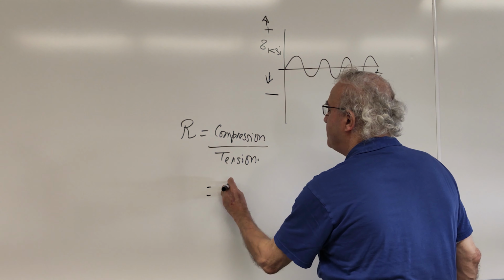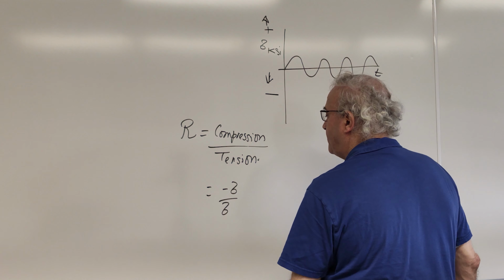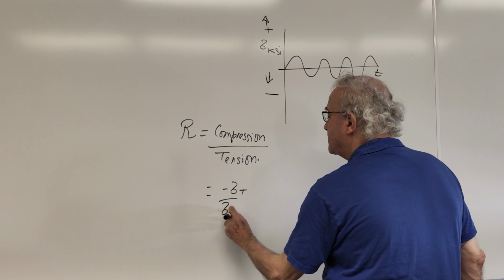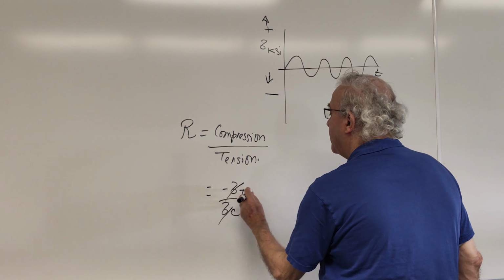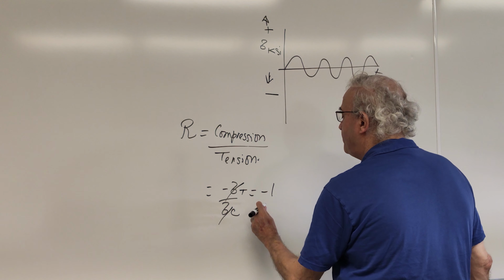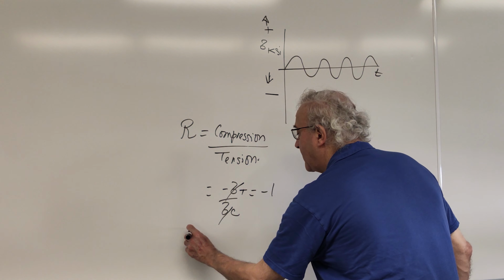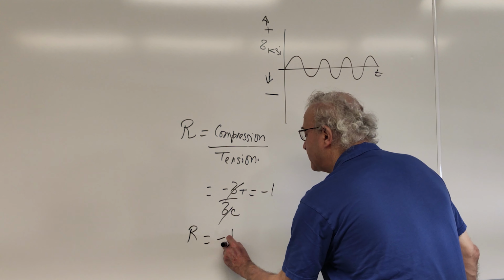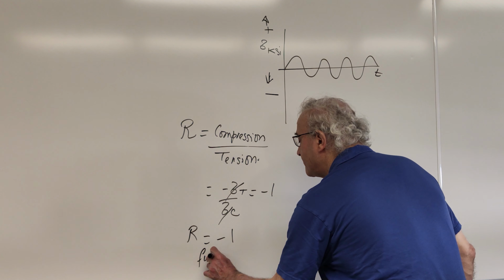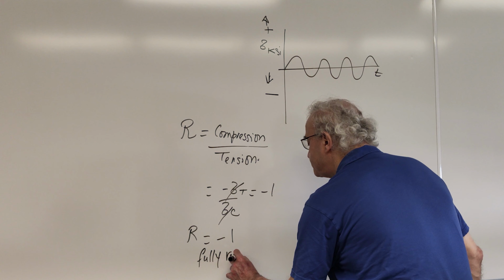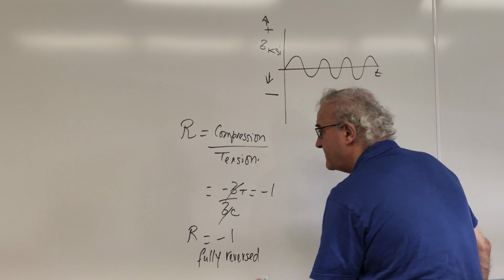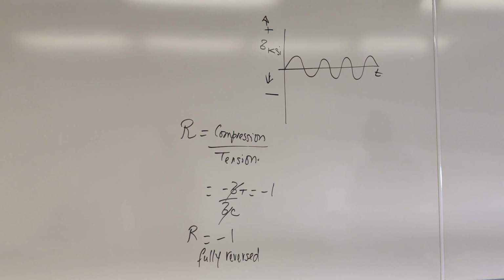So here, if I have minus sigma divided by sigma, and if sigma tension is equal to sigma compression, then the R is -1, and we call this phenomenon, where R is equal to -1, fully reversed. Many machines are exposed to a fully reversed stress.